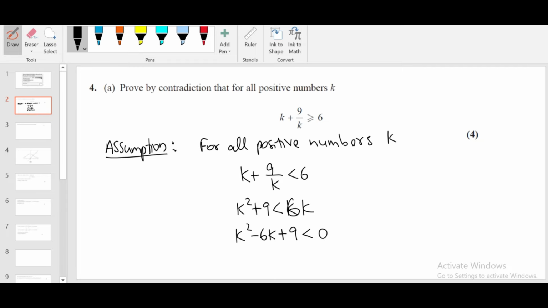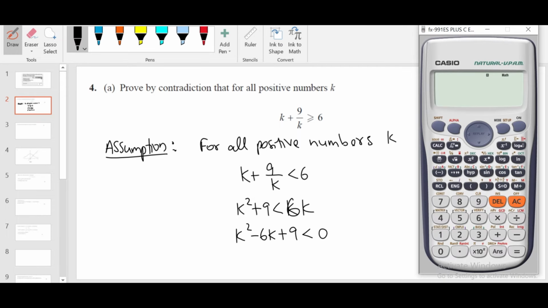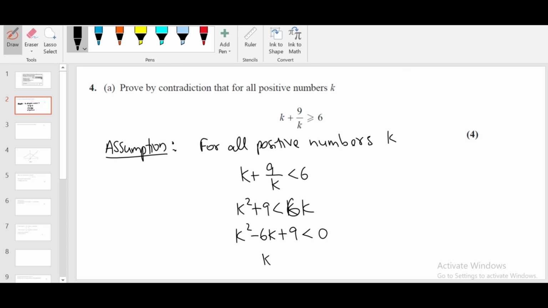If you try to factorize it, a is 1, b is negative 6, c is 9, you will get 3. That's the only value. So it's k minus 3 whole squared is less than 0.